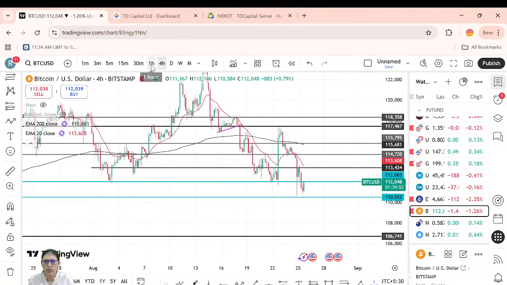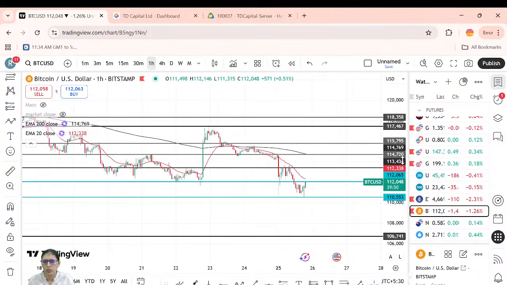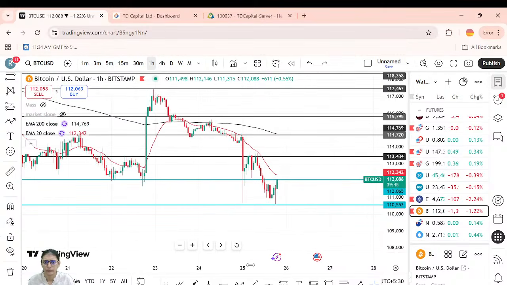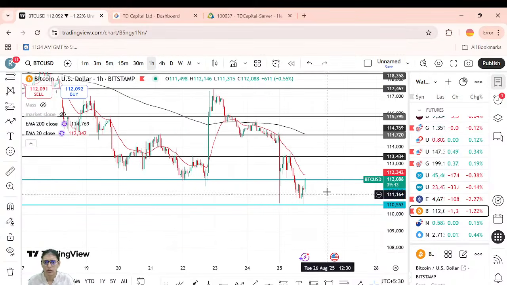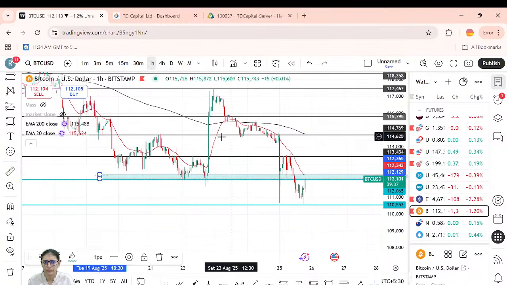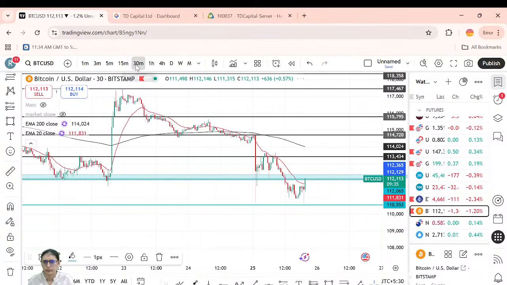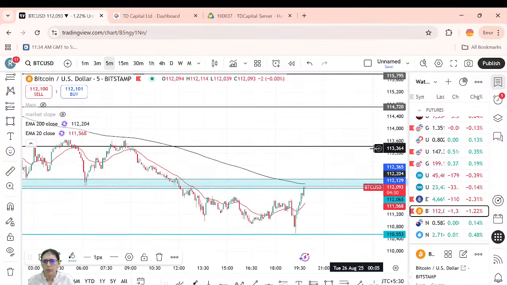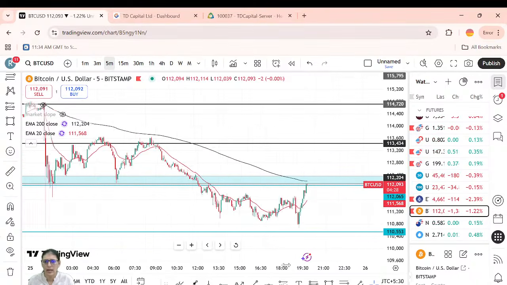Four hours. 1 hour. This zone. See, if there's a proper breakout of the zone, two things can happen.